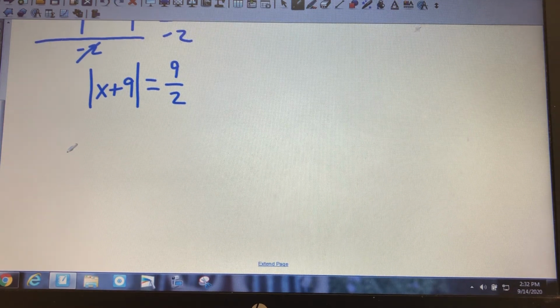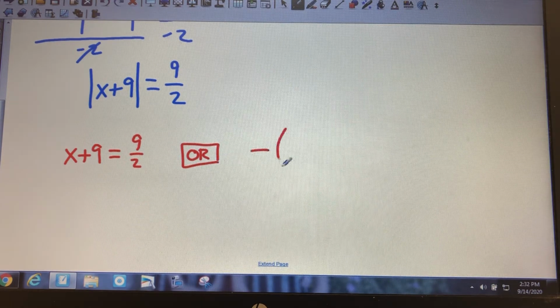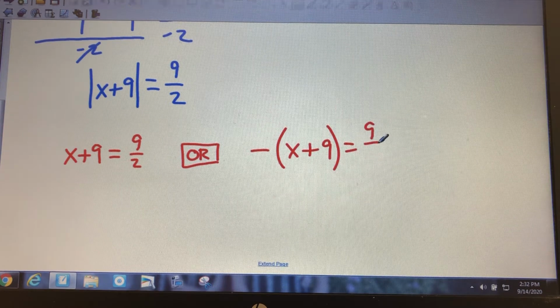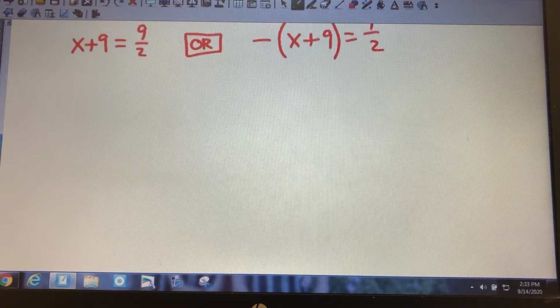So we're going to say x plus 9 equals 9/2, or the opposite of x plus 9 equals 9/2. There's your two parts. So we're going to solve for x in each case.